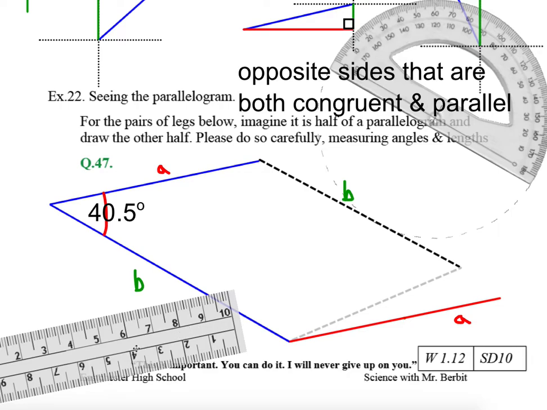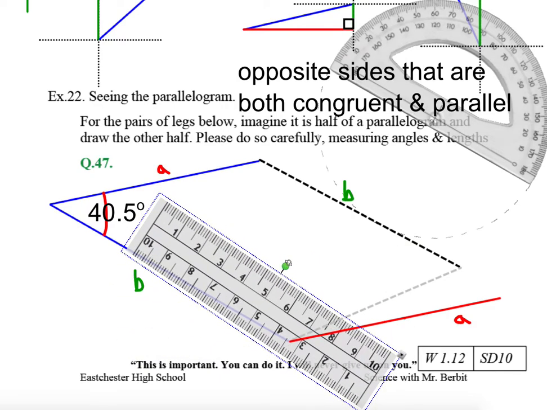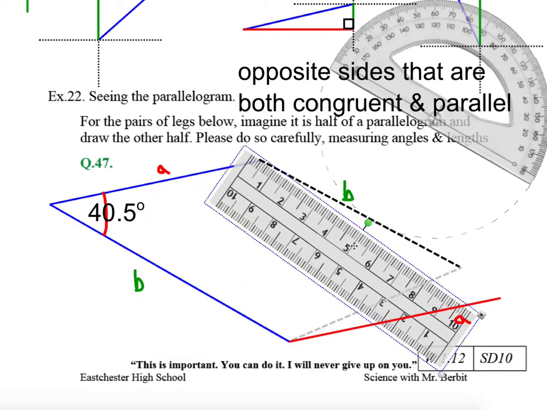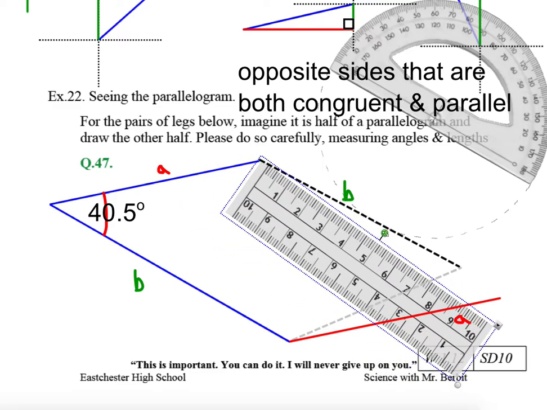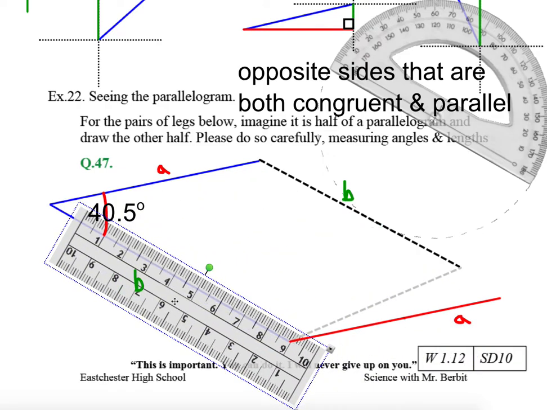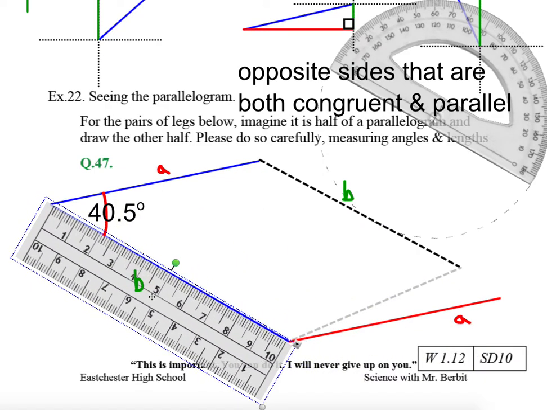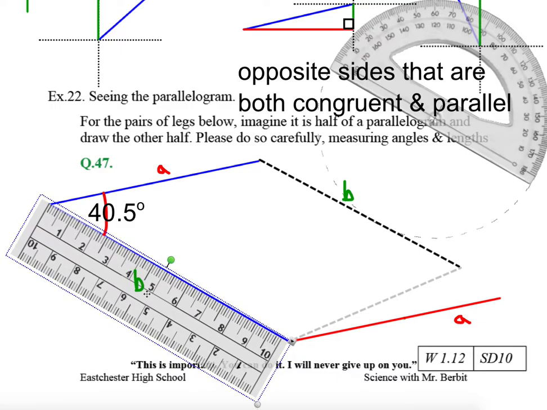So if you do put your ruler there and try it out, run that line straight across. Let's see if I can line this up. Easiest here, I can cheat a little. I can line it up over here. Too long for my ruler.